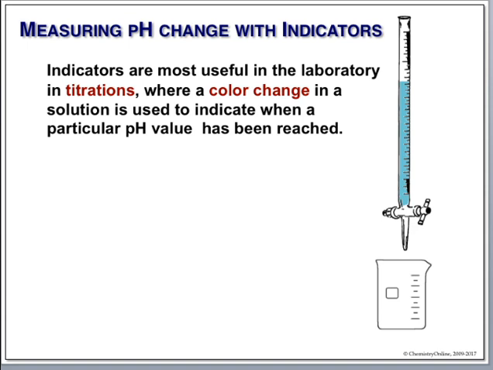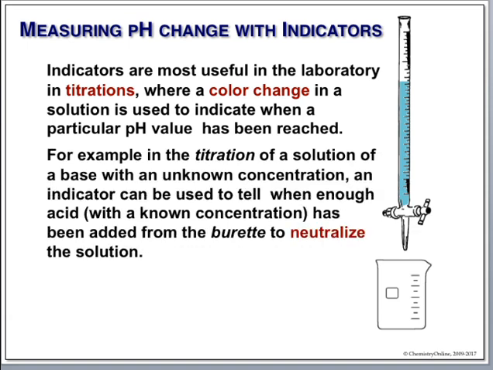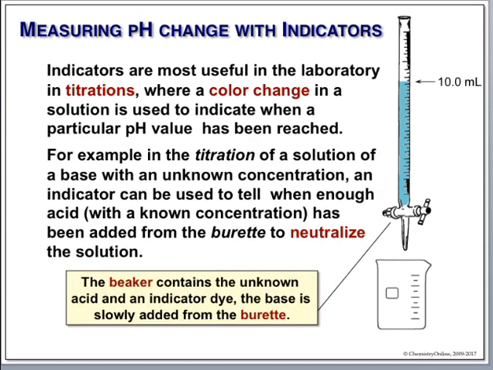So let's pretend that we're starting off here with an acidic solution, and our indicator is colorless. What you do is very carefully open the stopcock, let a little bit of stuff come running out. When you get your color change, you stop it.